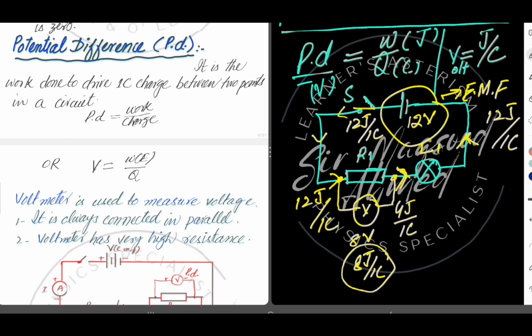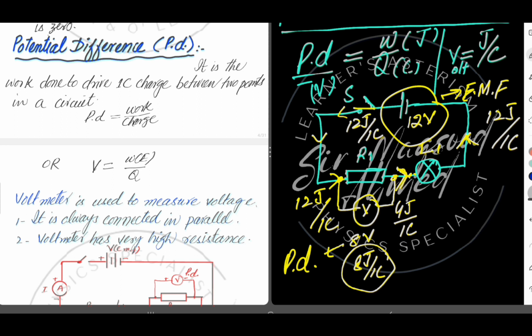So this causes the energy difference across R1, which is the potential difference. This is known as the PD, the energy difference between 2 points in the circuit.